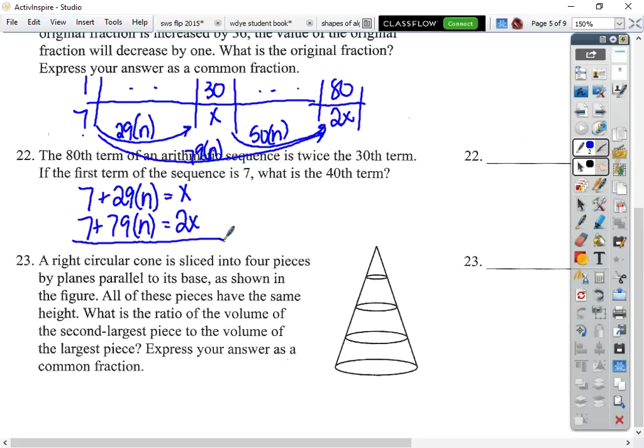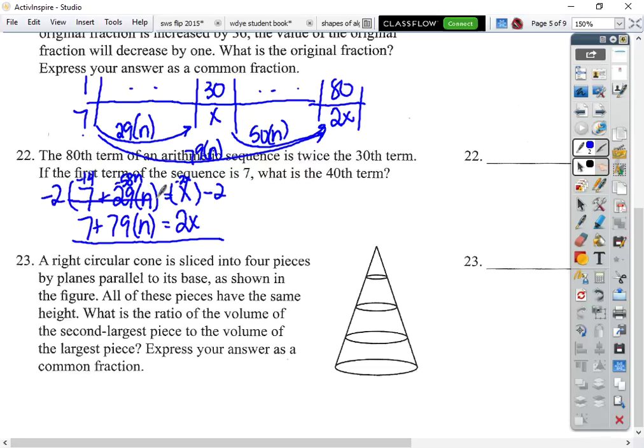So in this situation, it's probably going to be easiest if we multiply this first one by a -2 to be able to cancel out this first column, this column here. But that means that we have to multiply by 2 everywhere. So let's do that. We have a -2x, we have a -58n, we have a -14.